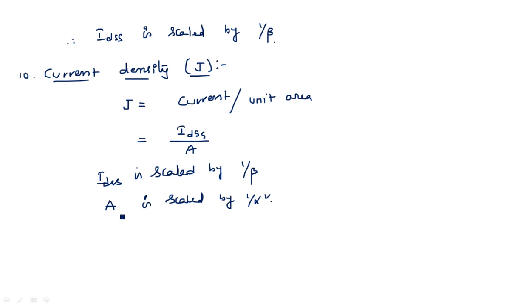Length is scaled by 1 by alpha, width is scaled by 1 by alpha, so it is 1 by alpha square always. Therefore, what about J? If you have any doubt you can substitute them, otherwise you can directly write. IDSS is scaled by 1 by beta, and A is scaled by 1 by alpha square, so they are reversed, alpha square by beta. Therefore, the scaling factor of the current density J is nothing but alpha square by beta.